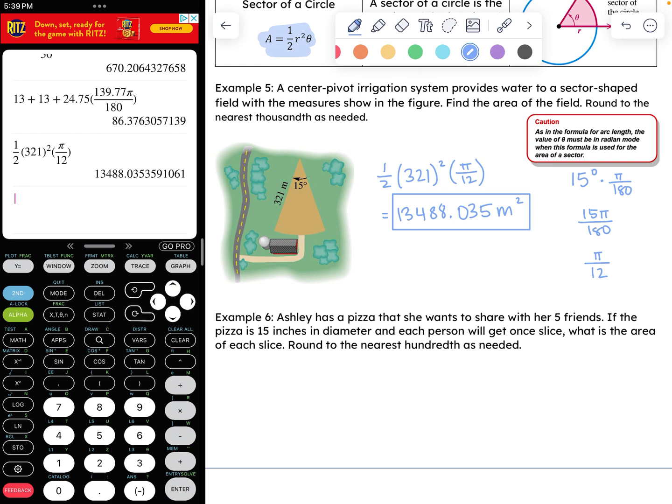So if you have Ashley and her 5 friends, that is Ashley and 5 people, so it's 6 people total. So we're trying to divide it into 6 sections. So I'm going to take my whole 2 pi all the way around the circle and divide it by 6, which means that my angle measure would be pi over 3.